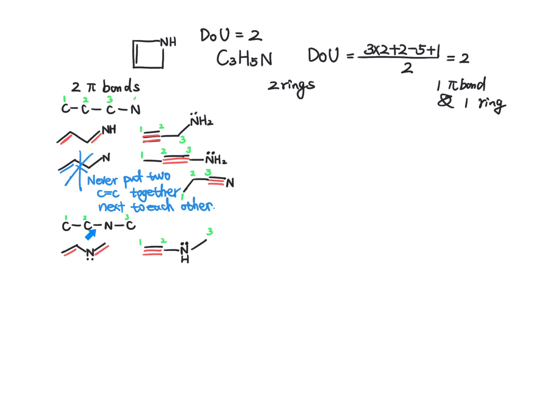So if you add 2 more, this nitrogen will have more than 3 bonds, so it will not be neutral. In this scenario, you will not be able to move this triple bond further. So that is the only 2 constitutional isomers with the carbon-carbon, nitrogen-carbon backbone.